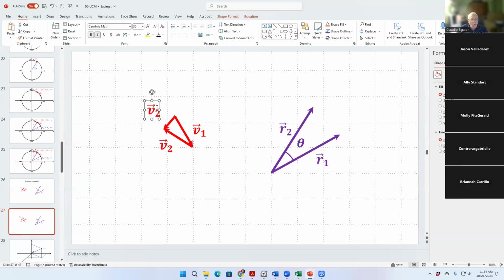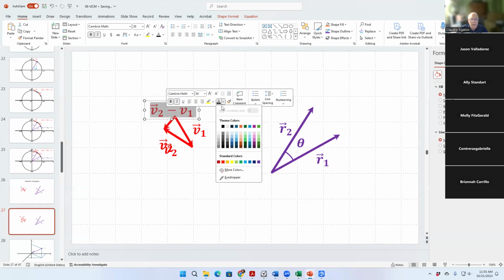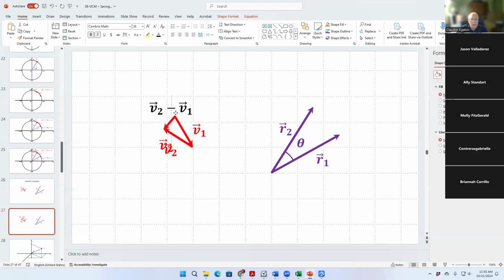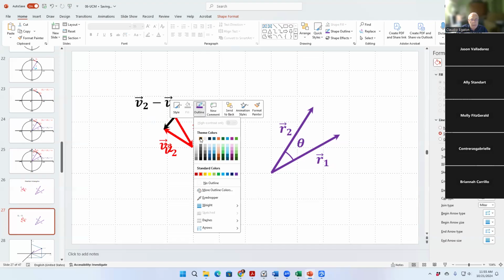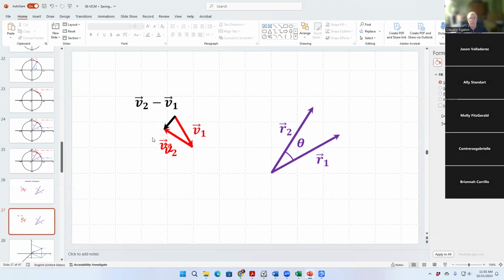V2 minus V1. Like that. I'm going to put it in a different color so we can see it. V2 minus V1.